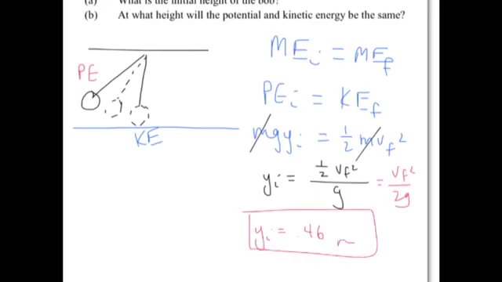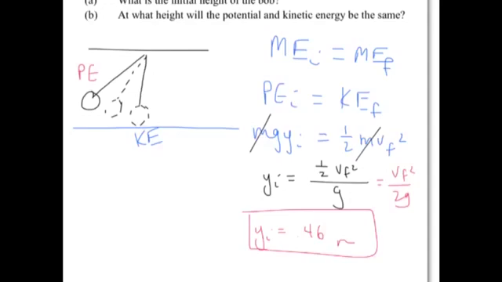Why isn't it 2y? Why don't we get rid of the half? Because remember, last problem we were solving for VF, so we got rid of the half by multiplying by 2. But now we're solving for YI. So we leave this alone and just divide by G. Here there was G YI, so dividing by G, we get 1/2 VF squared all over G. I then wrote it as VF squared over 2G.